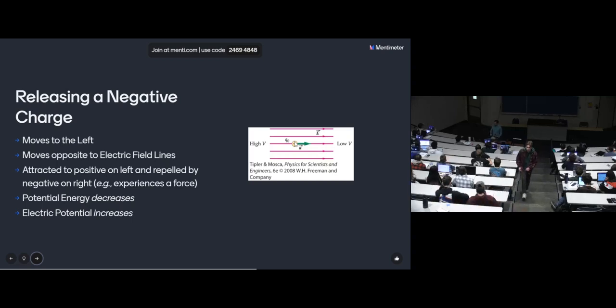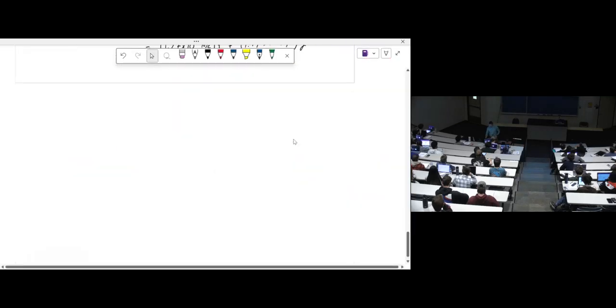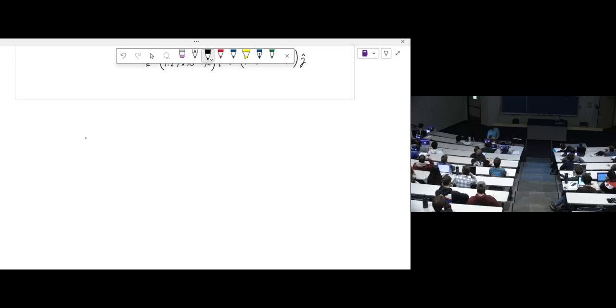Good. You asked the question that was on everyone's mind. Why does the electric potential energy decrease while the electric potential increases? Well, recall how we defined electric potential: it's equal to potential energy, and maybe we should say more specifically, a change in each one of those is the same with respect to the charge that's present, right?